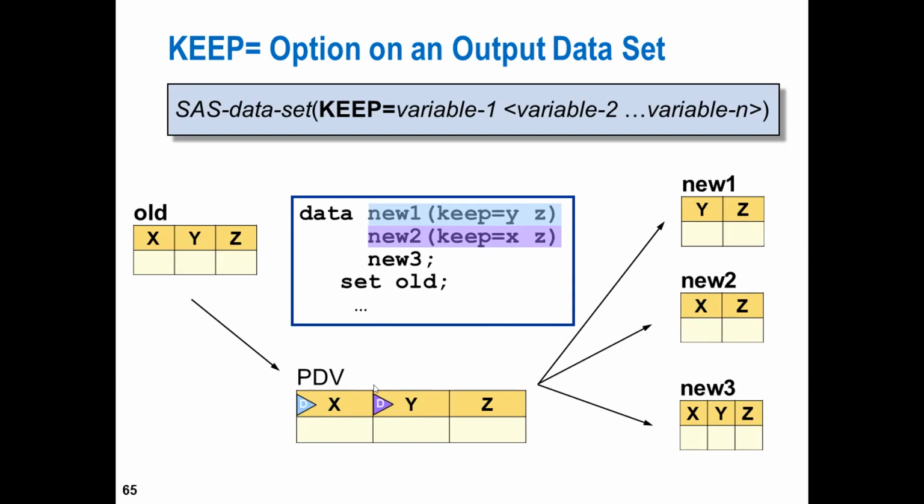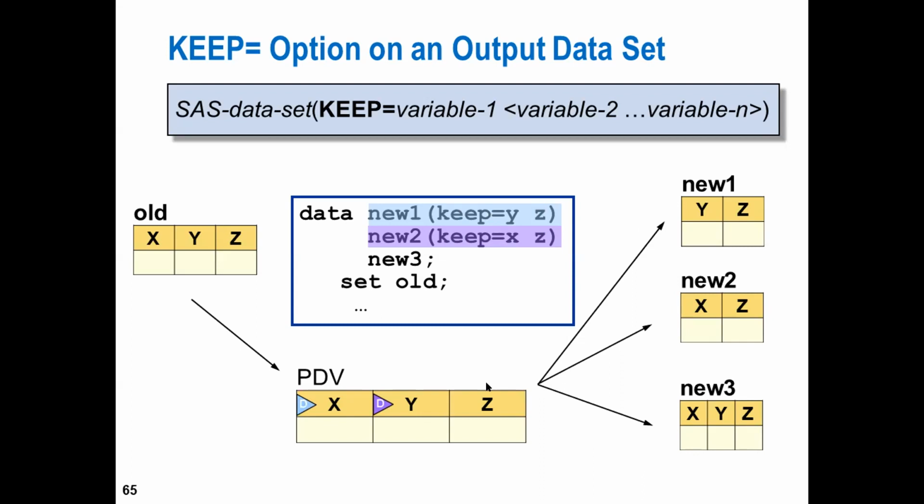So it flags D for the variables which are not selected for output, even if you write keep equal to for those variables which you are selecting. Getting it? It's equivalent, either drop equal to or keep equal to, depending on how many variables you need to drop. If it is a small number of variables to be dropped, it's better to use drop instead of keep equal to. Fine.